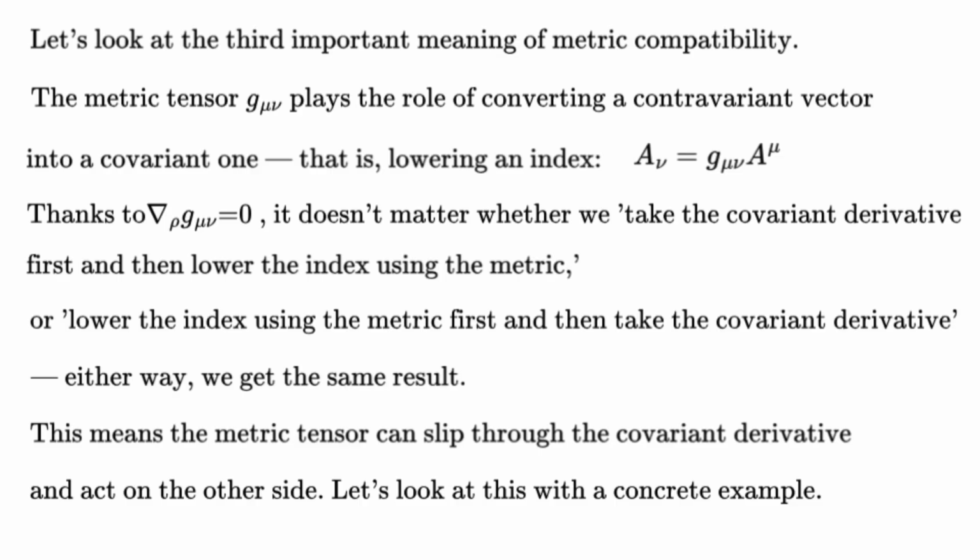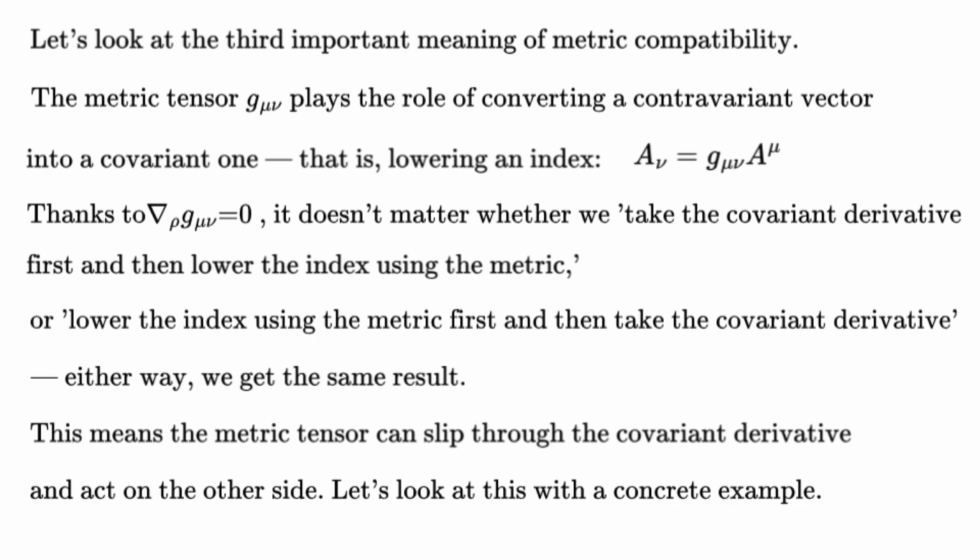Thanks to nabla rho g mu nu equals 0, it doesn't matter whether we take the covariant derivative first and then lower the index using the metric, or lower the index using the metric first and then take the covariant derivative. Either way we get the same result. This means the metric tensor can slip through the covariant derivative and act on the other side.